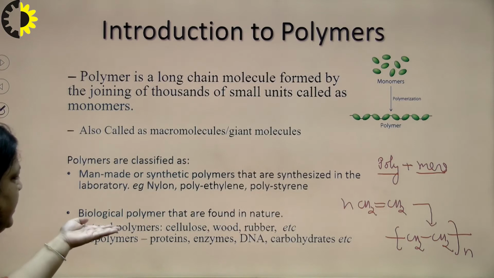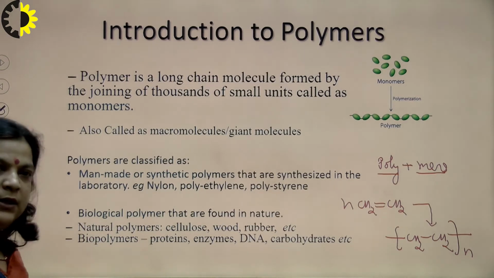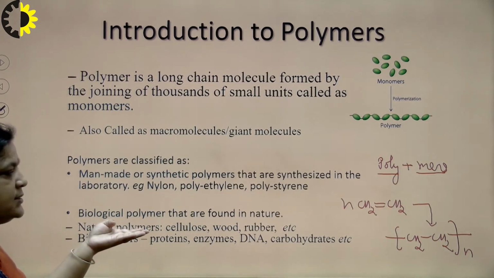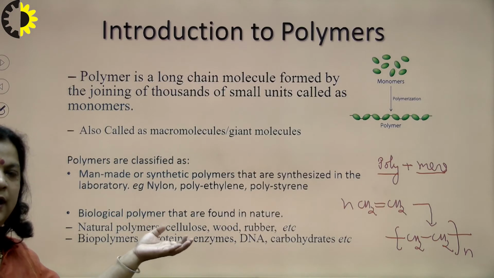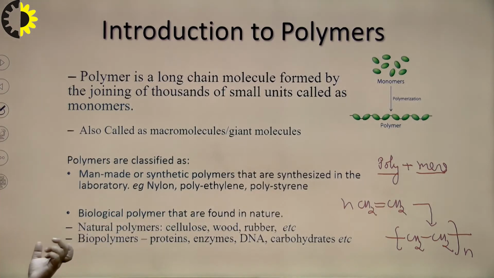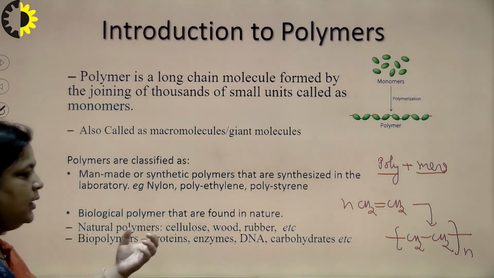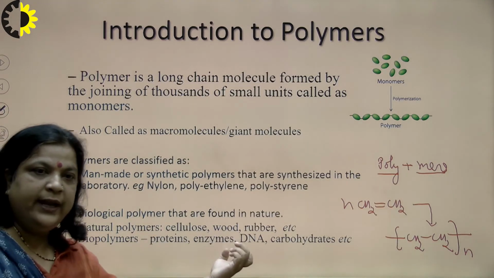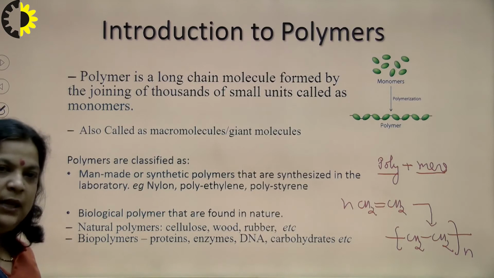They may be natural polymers or biopolymers. Natural polymers include natural rubber, cellulose, wood, etc. And biopolymers, which are found in our body, include proteins, enzymes, nucleic acids, carbohydrates, lipids, etc.